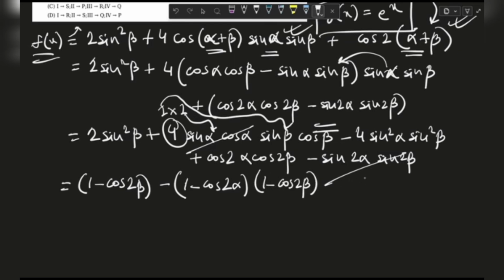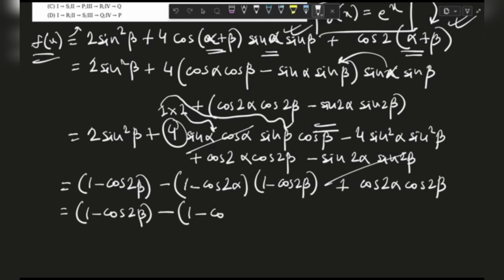Basically what I want to do is bring this thing out only in terms of cos. Let's do that and see what comes. So this is plus cos 2 alpha cos 2 beta. Now if we manipulate this a bit, this is 1 minus cos 2 beta minus of 1 times 1 minus cos 2 beta minus cos 2 alpha plus cos 2 alpha cos 2 beta plus cos 2 alpha cos 2 beta.